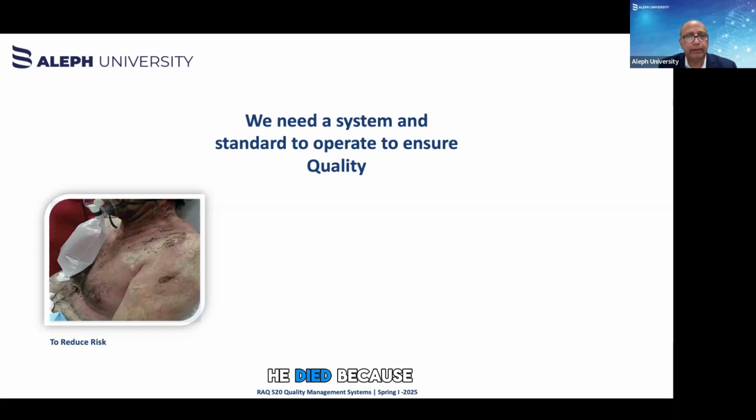Four months later, he died because of the injuries. But that was caused by the failure in the medical device, and also because the operator did not follow instructions or the instructions were not clear. Anyway, so that is why we need a system and standard to operate to reduce risk. Risk is always present, but we need to make sure that the risk is analyzed and reduced to the minimum.